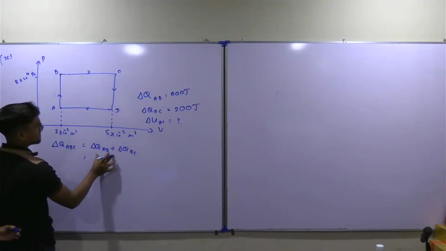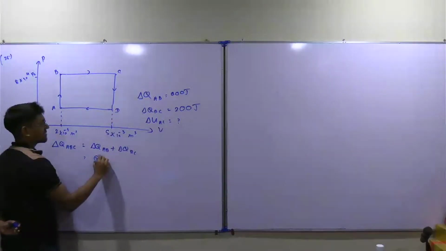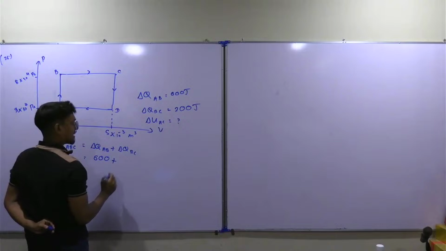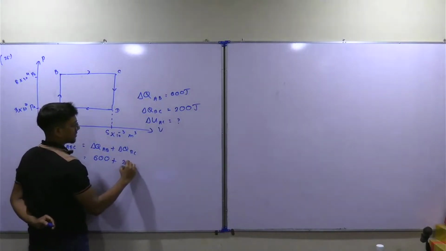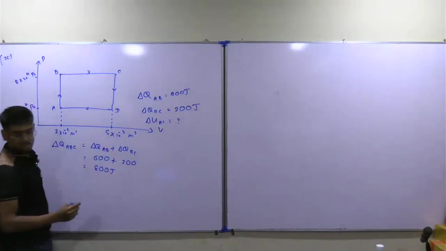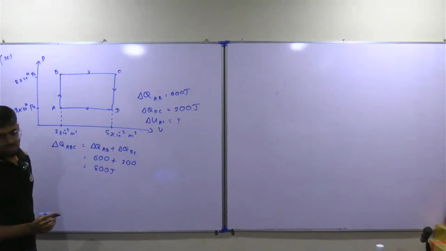Delta Q AB is given, that is 600. Heat is added, so that is positive. Along the path BC also there is a heat input, so that is also positive. Altogether you have the total heat input of 800 joules, right?